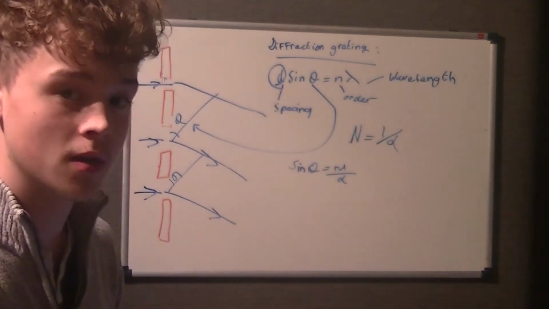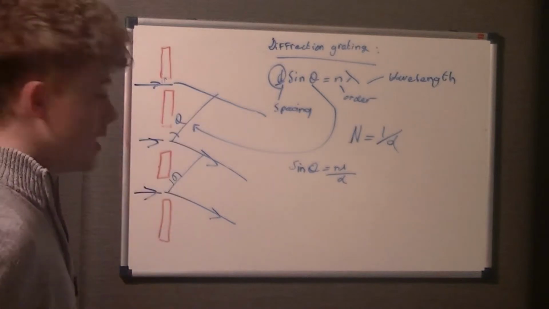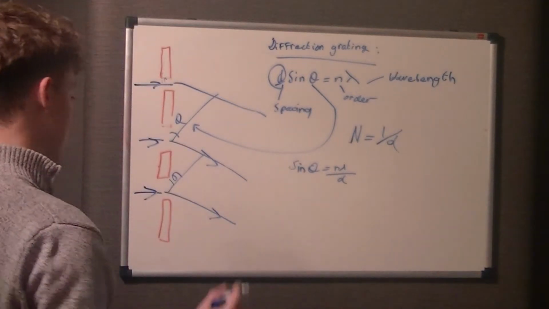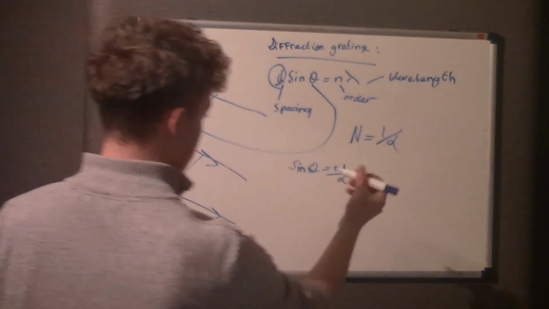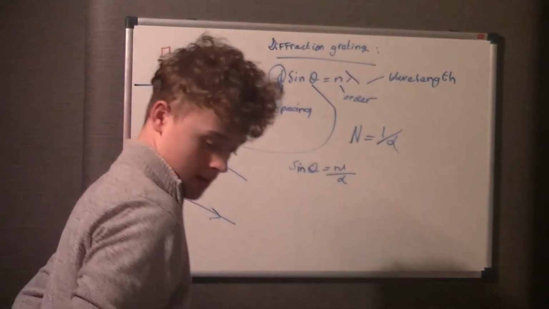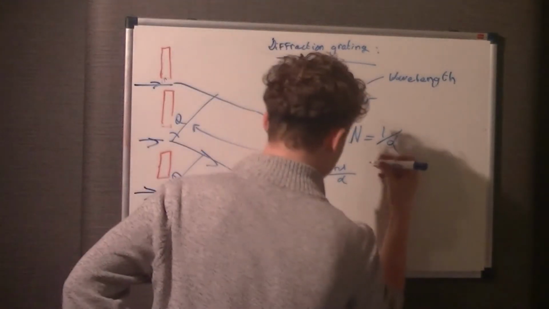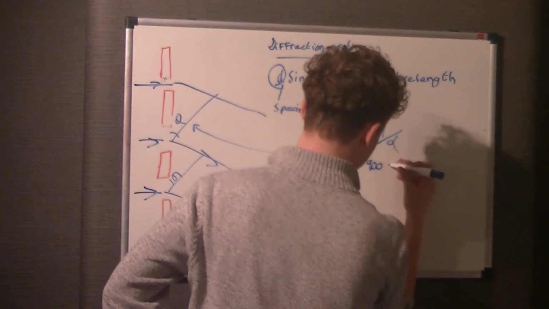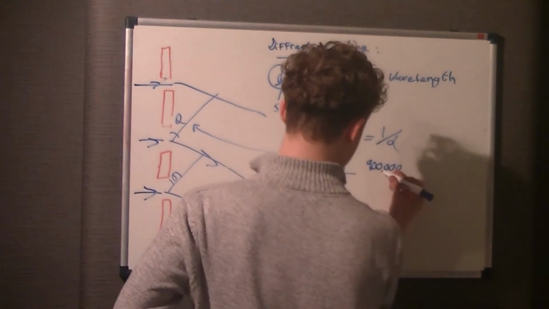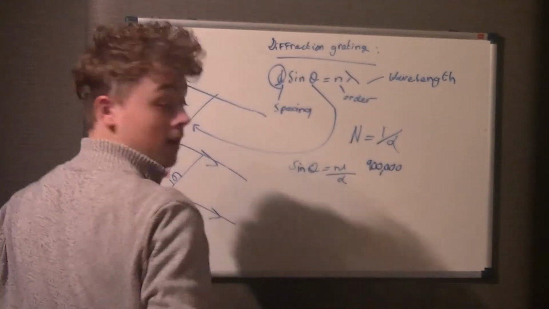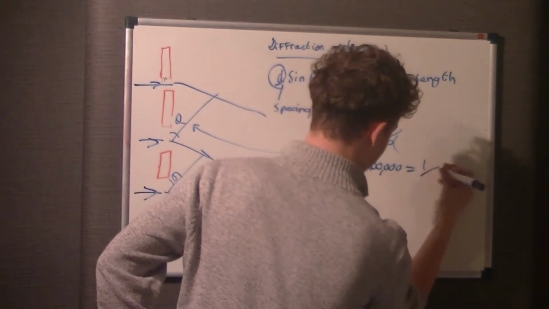lines per millimetre, you times it by 1,000 to get the lines per metre. So say 900 times 1,000, that gets you 900,000 lines per metre equals 1 over d.